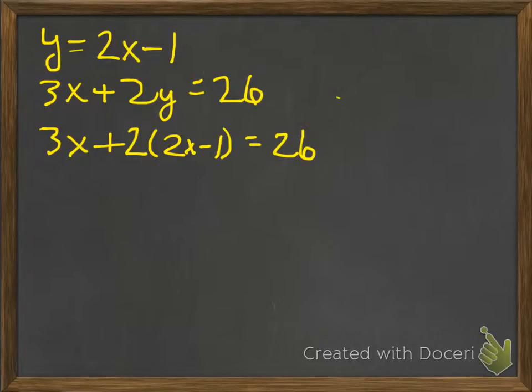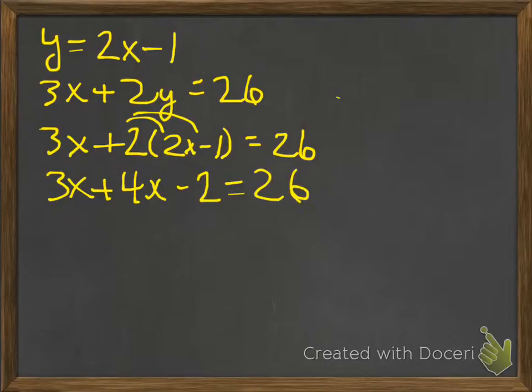Okay, so I substituted in 2x minus 1. Now there's a 2 out here in front. What does that mean because of the parentheses? You have to multiply. You got to distribute. So 3x plus 4x minus 2 equals 26. Good job. Jinx, you owe each other a Coke.